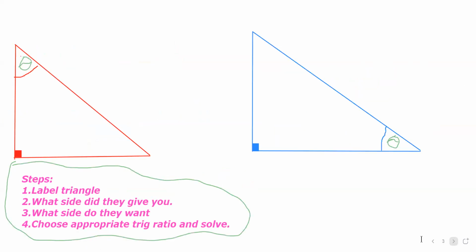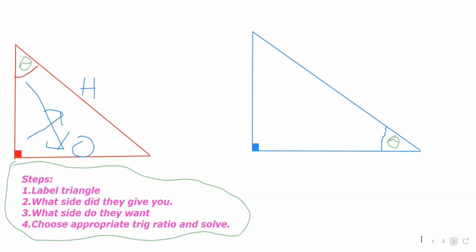So let's get into some examples. Let's try to label these two triangles for practice. We have this first one here. We know this is the hypotenuse, because it's opposite the right angle. This side here is the opposite, because it's opposite to the reference angle.